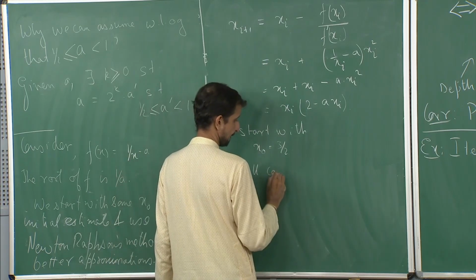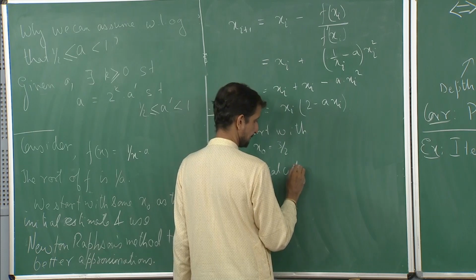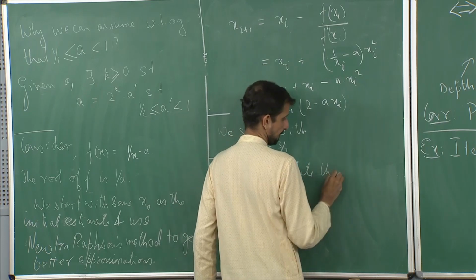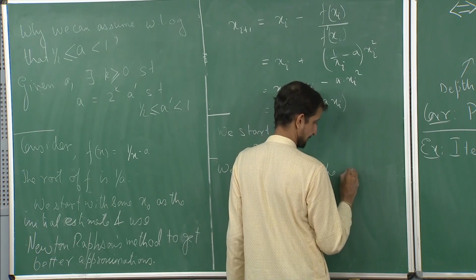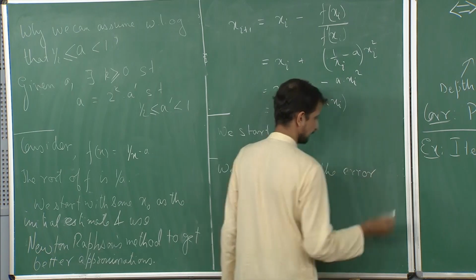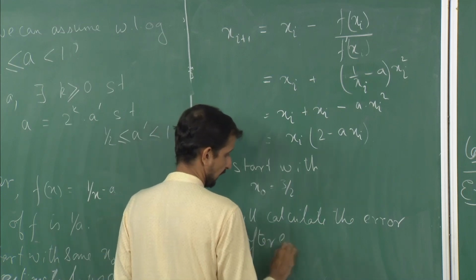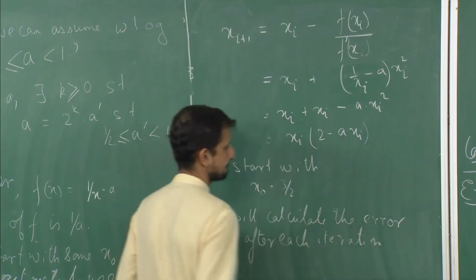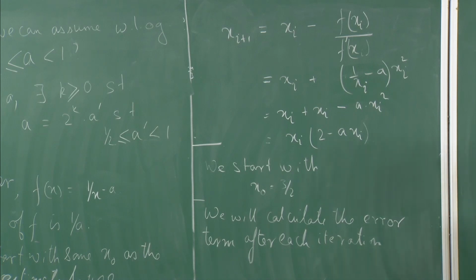So we will calculate the error term after each iteration. So what is the error term initially?